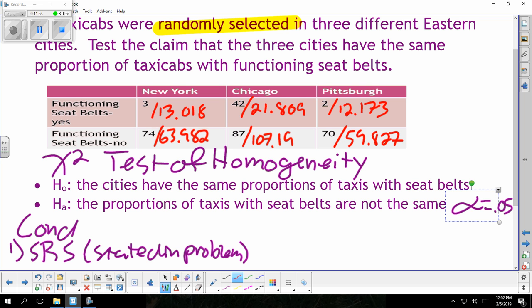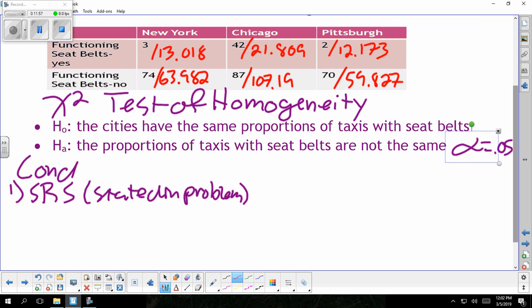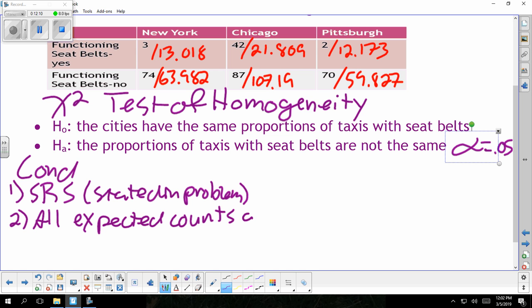Are all of our expected counts bigger than 5? Yes. So we can write that as our second condition here. All expected counts are greater than or equal to 5. See table above.